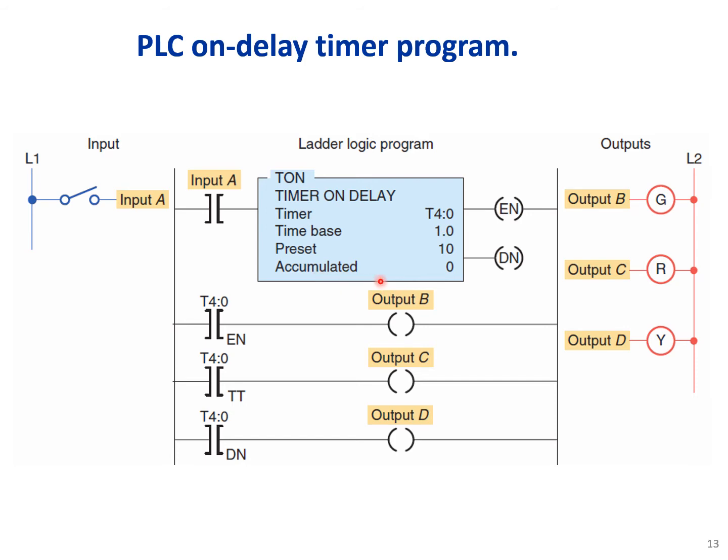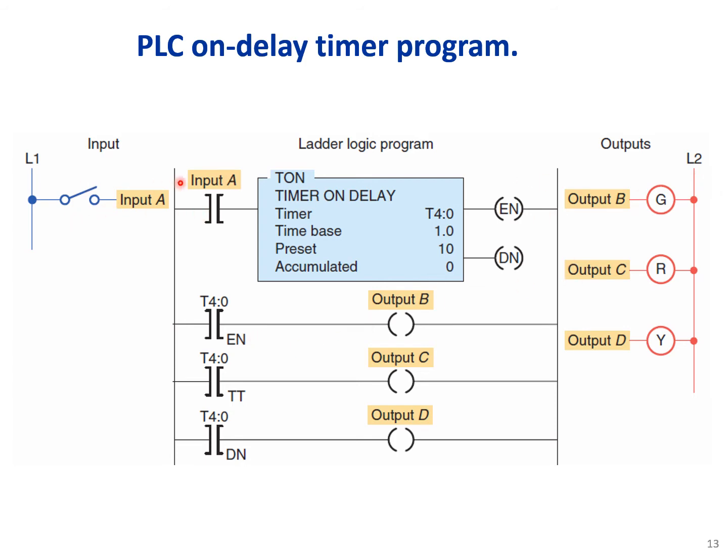This is the accumulated time when the timer is started, and this is the done bit of the timer, or the Q in the TIA Portal. Enable is true when the timer becomes enabled or the start signal becomes true.